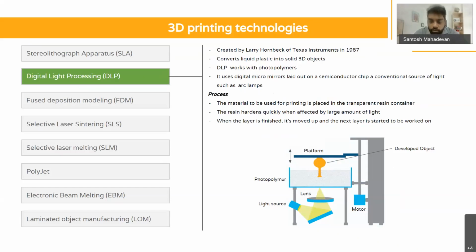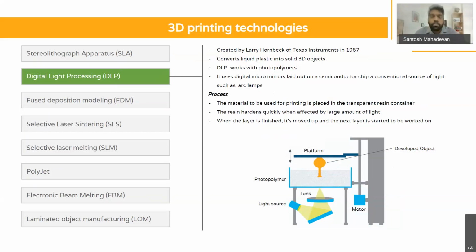And the process of curing this photopolymer will require additional mechanics, and these mechanics can change according to the way you are going to draw the layer or the cross section on the material.